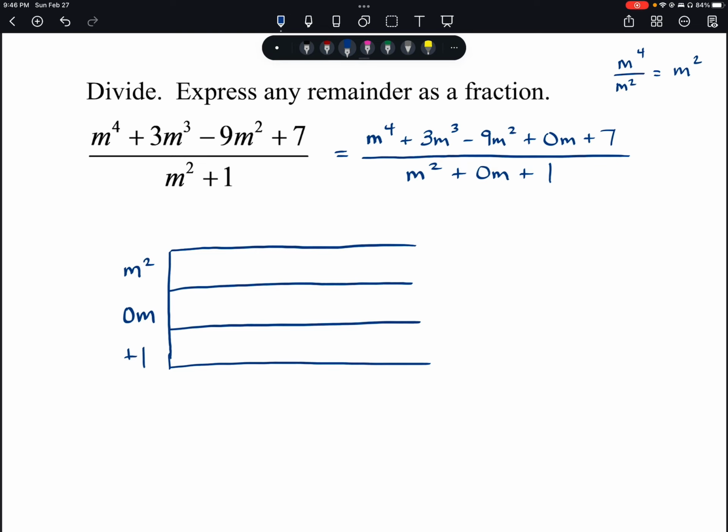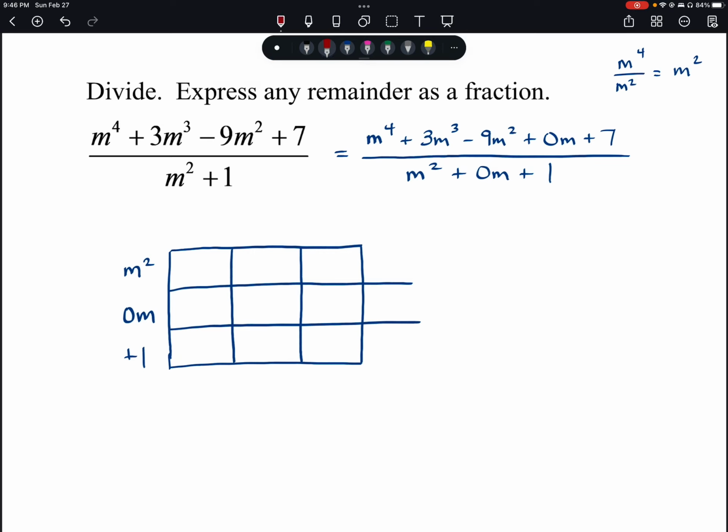So when it comes to the number of rows, we're going to have an m squared, an m, and then a constant. After that, anything that you have would be for remainders out here. I'm actually going to leave those lines there, and I'll explain why in just a moment.